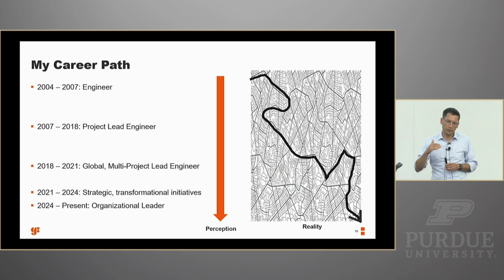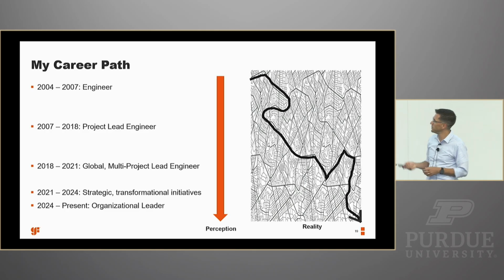When I started to look through it, I started to write it down. I was like, okay, I can see where this is kind of going linear over the years. I pretty much stayed in the same place in terms of company. We were a company acquiring companies within there, but starting off as an engineer, then a project lead, then more projects and such, and then on through to being an organizational leader.